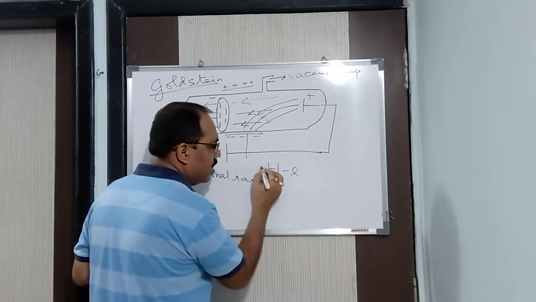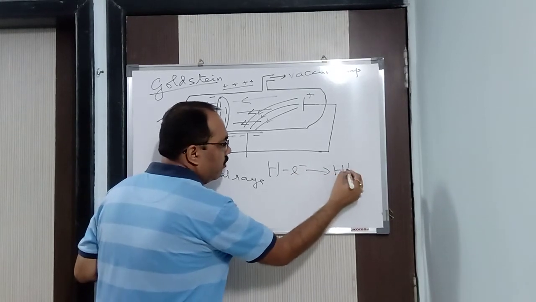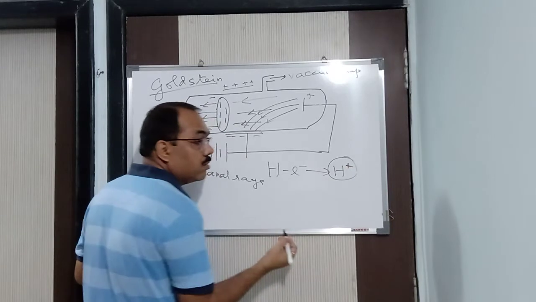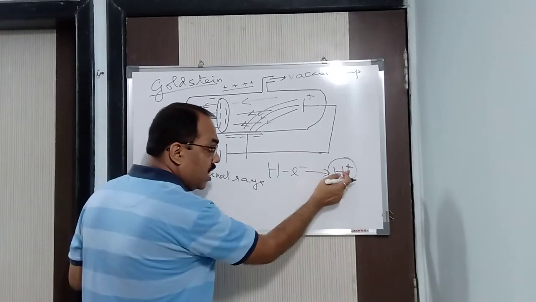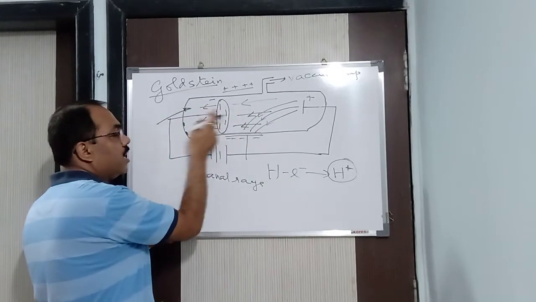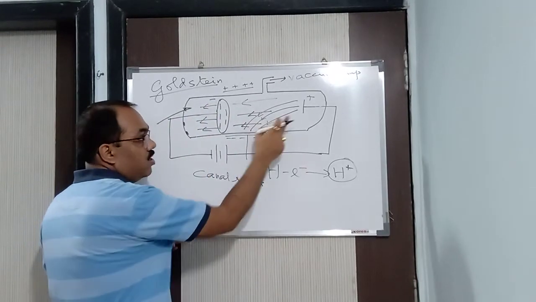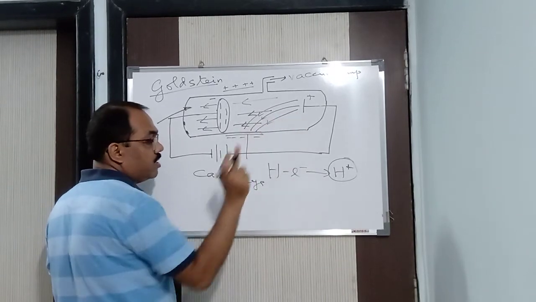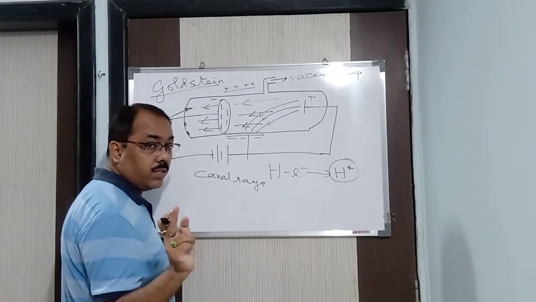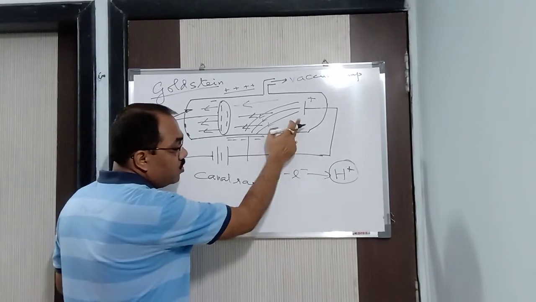Residual gas means? When the gas is ionized, when hydrogen loses an electron, what do you get? We get positively charged particles. These positively charged particles travel from the anode towards the cathode, and hence we got the scintillations. Got it now? It is not produced from the anode, so we cannot call it anode rays. Mind it, it is not called anode rays because it is not produced from the anode.